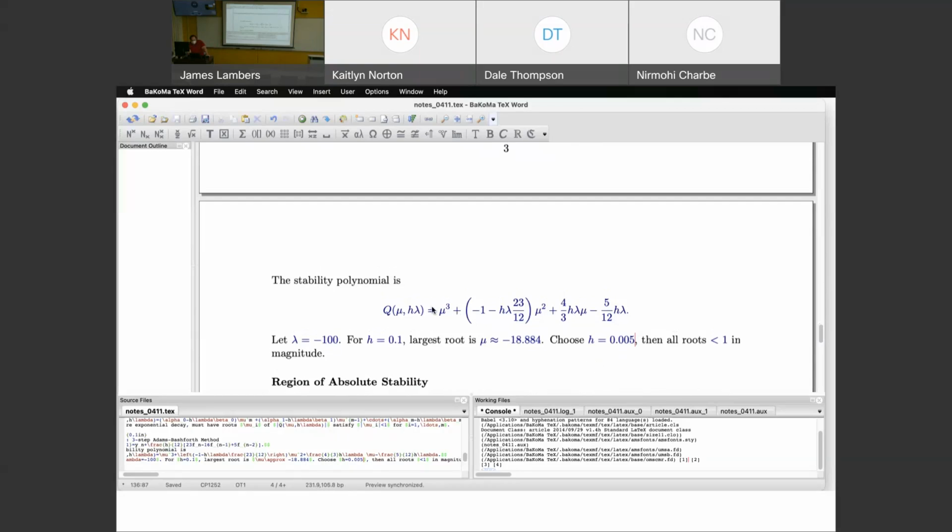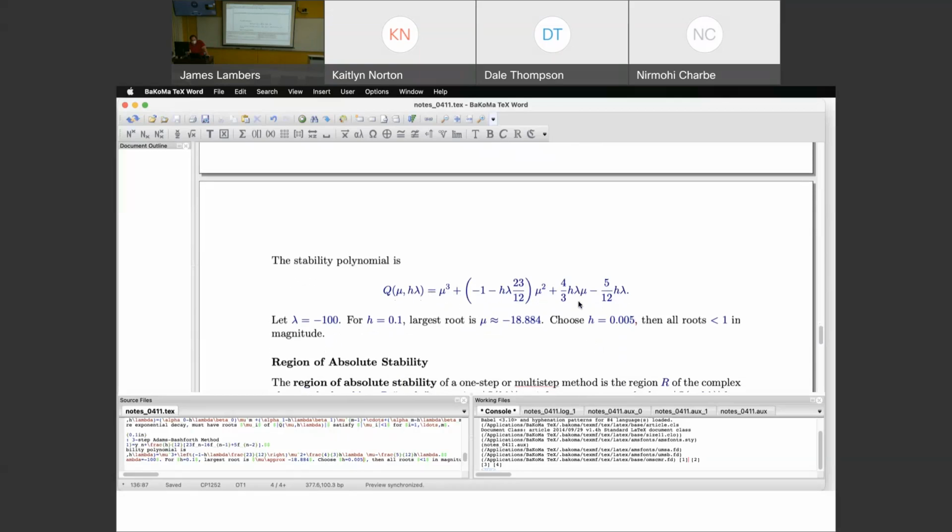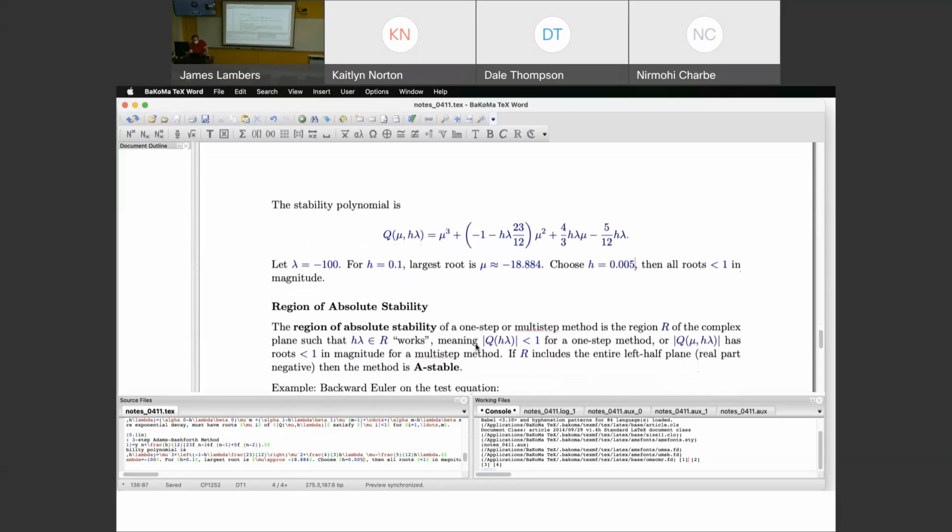So, trying to find for which values of h lambda we get small enough roots leads to the concept of a region of absolute stability. So the region of absolute stability is a subset of the complex plane. It's defined to be the set of all complex numbers h lambda that work for your method, meaning that they produce an exponentially decaying solution.